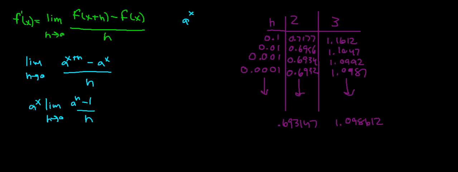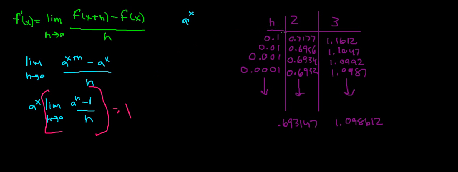It would just be a to the x. So what people did was sit here and think, well, is there a number that could give a 1 here for this piece? Just forget about the a to the x in the front. All I care about is, is there a situation where this part is equal to 1?